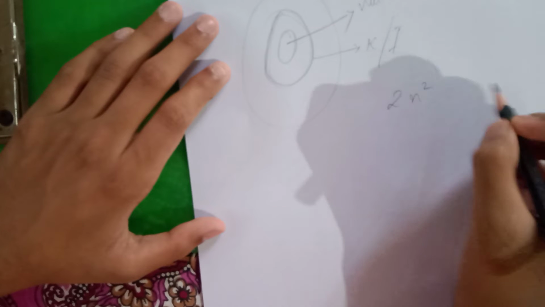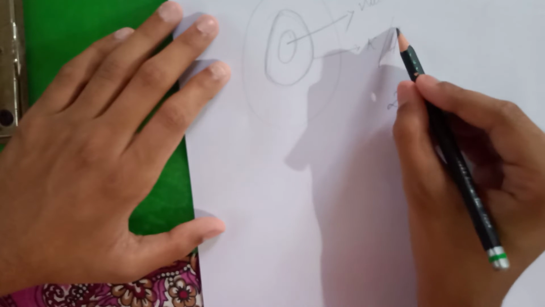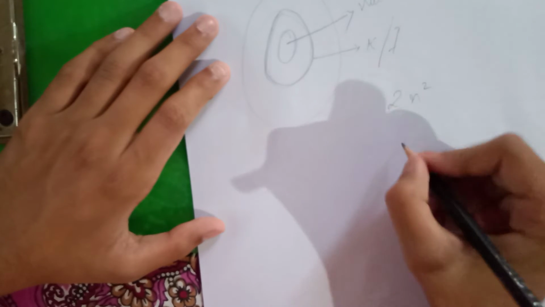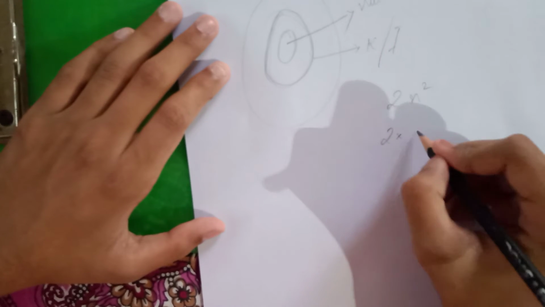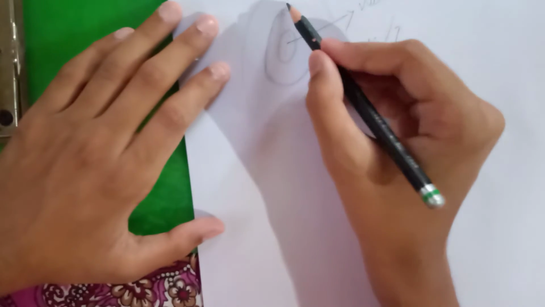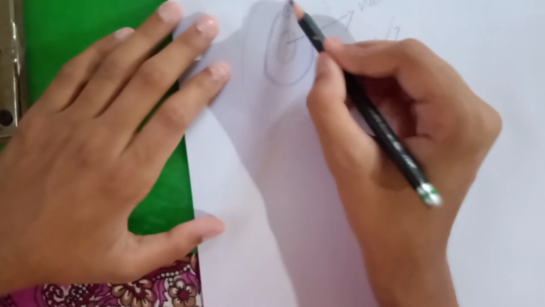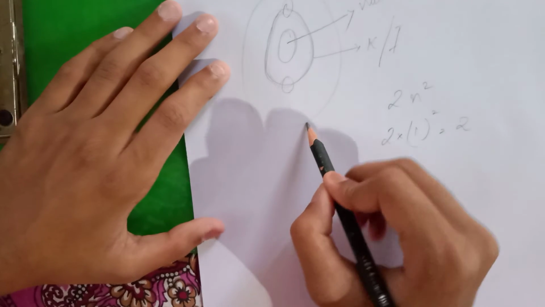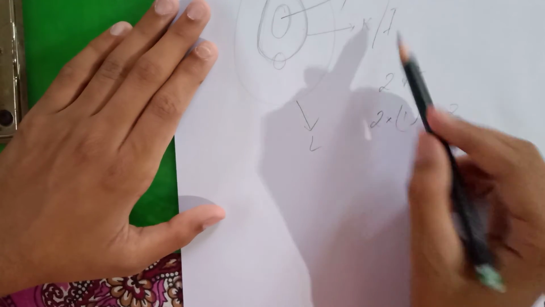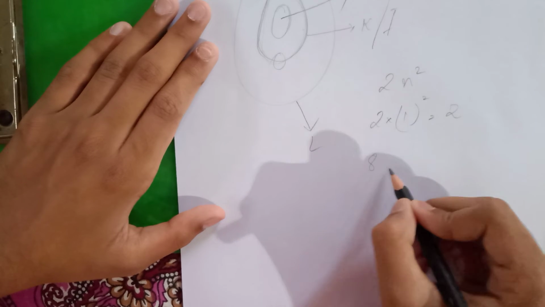By the 2n squared rule, n represents the number of the shell. So this is the first shell, therefore 2 into 1 squared is equal to 2. So the K shell can have at maximum 2 electrons. Similarly, the L shell at max can have 8 electrons.